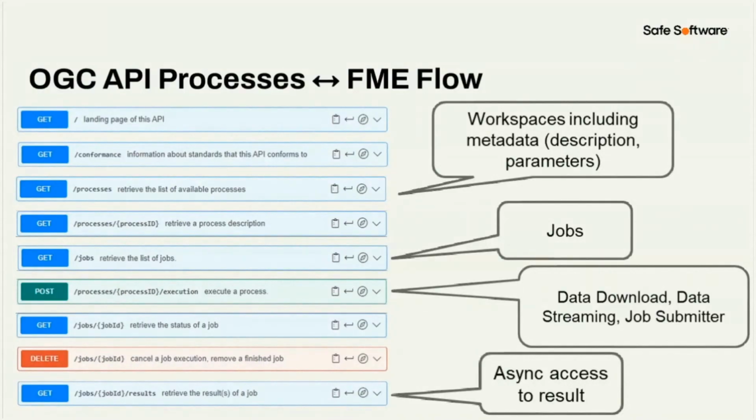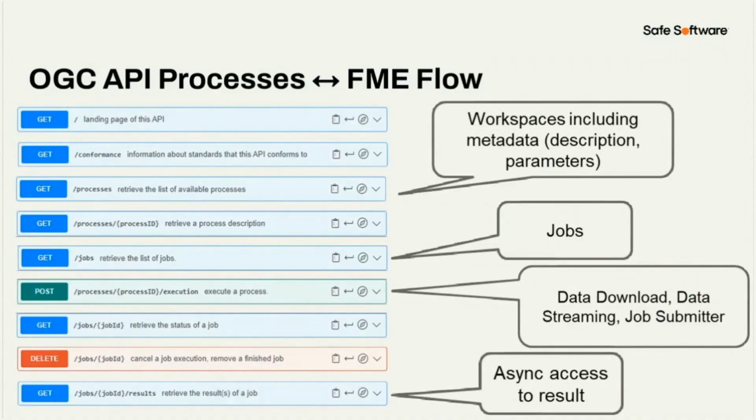Here it'll be a little bit different on the FME side. We have data download, data streaming, and job submitter services for various use cases, like getting a zip file back, streaming data directly, or simply executing jobs. And we also have endpoints to retrieve the status of a job, get the result again for asynchronous jobs, and so on. So as you can see on the slide, the main concepts are pretty much alike.